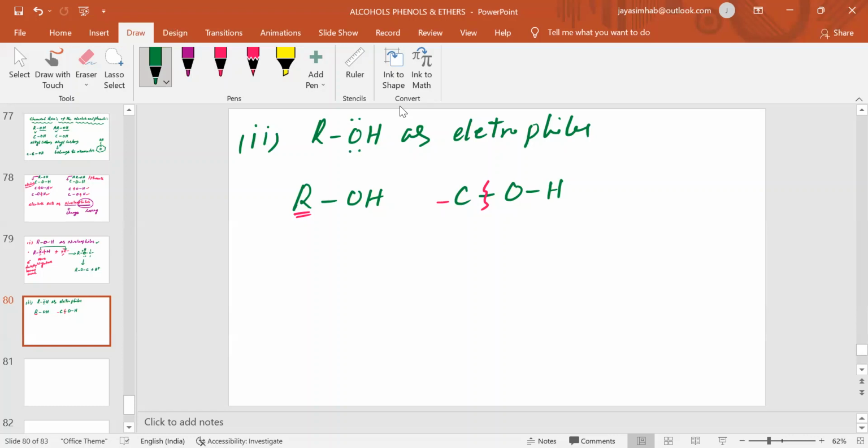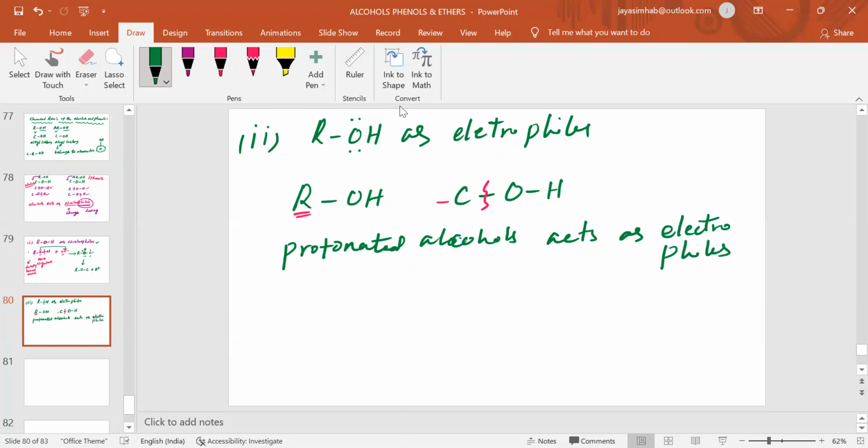So first, protonated alcohols. Protonation means addition of hydrogen, H⁺, a proton. Addition of a proton is called protonation. Protonated alcohols act as electrophiles.